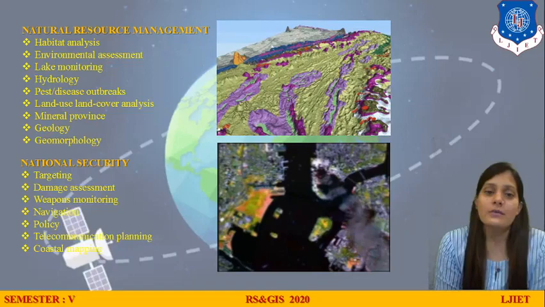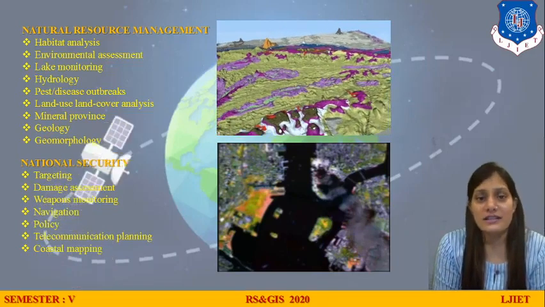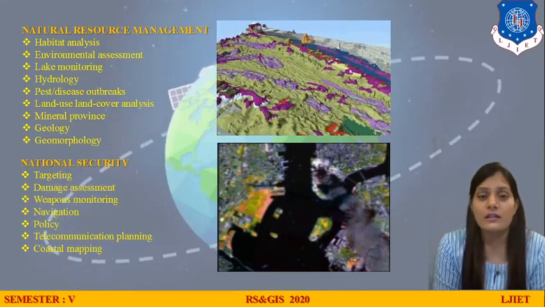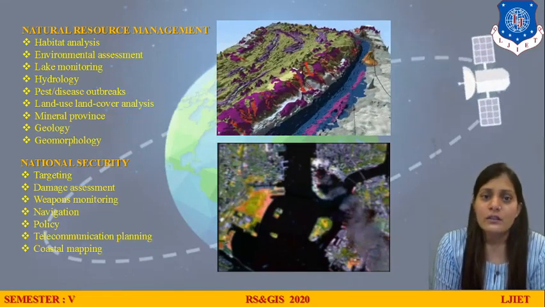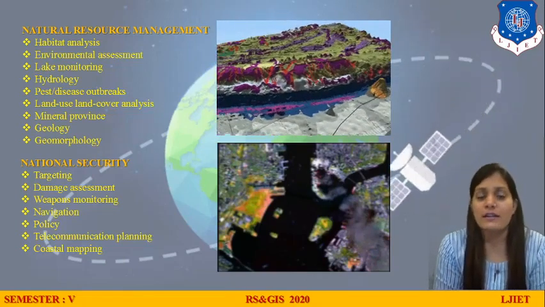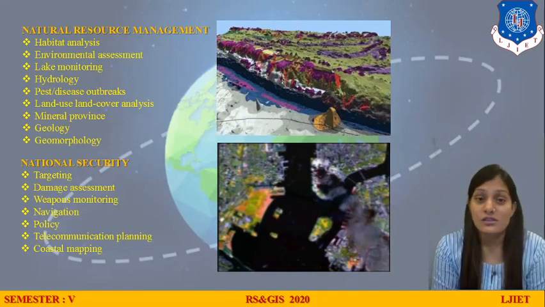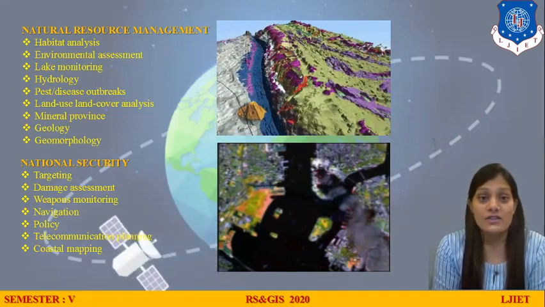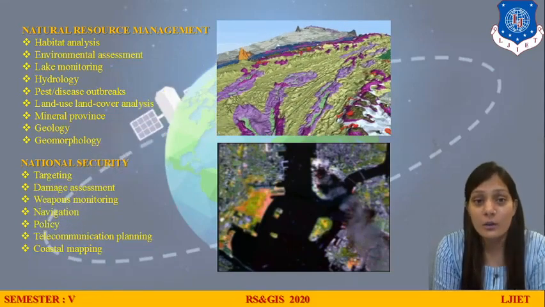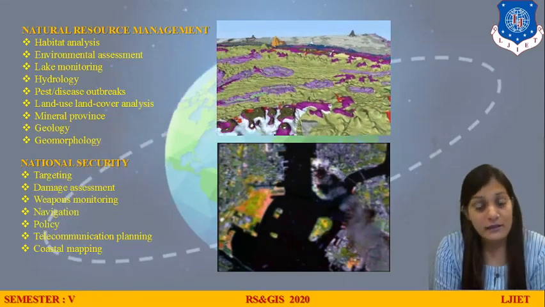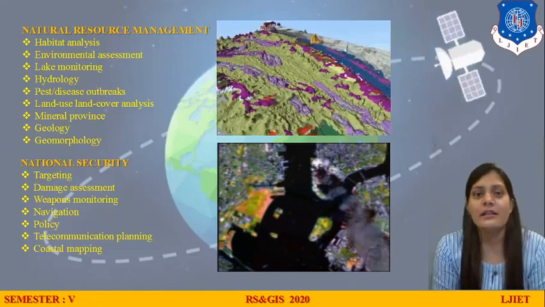National security means we are providing security and defense. Yes, a lot of technology is used in our security defense, and that is very important. So in national security you can see weapon monitoring. We are launching satellites which monitor the opponent's team, what they are doing, how they are doing it, and what weapons they are making, and that is only done by satellite remote sensing.